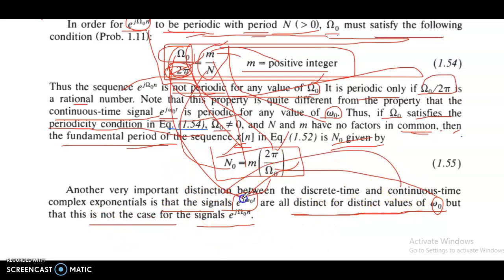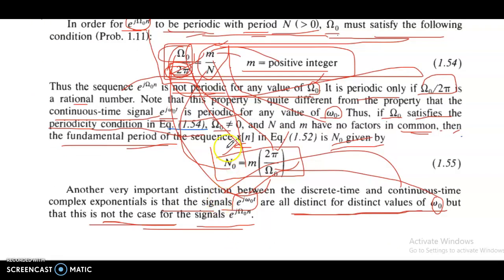For continuous time it is okay. For discrete time signals e power j omega naught n, here this is not distinct. Here all are distinct for distinct values, here it is not distinct.